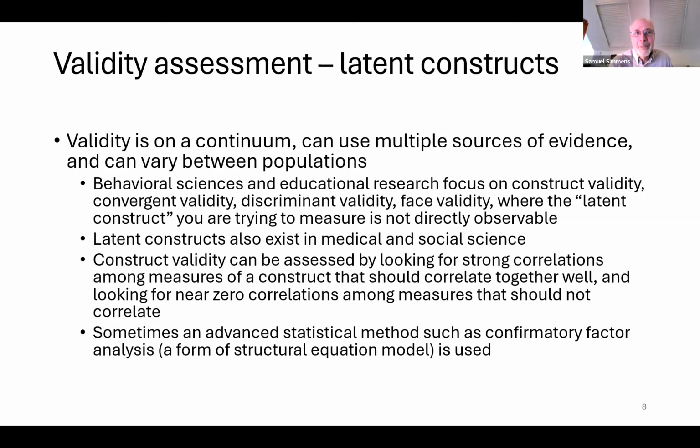But if they actually had a fair amount of contact, then construct validity would say, well, there are two measures of the patient's rapport with the provider healthcare team, and they should correlate at least moderately high, if it's being measured the way you think it is. If it's essentially random noise, then the correlation would be 0.